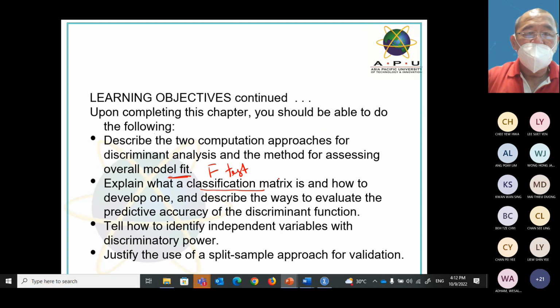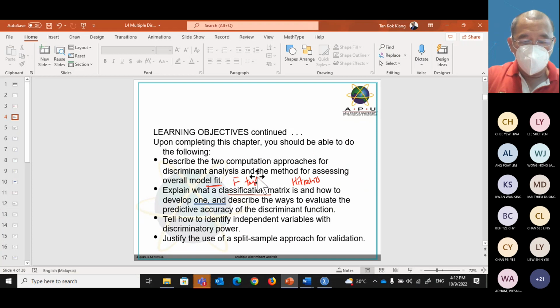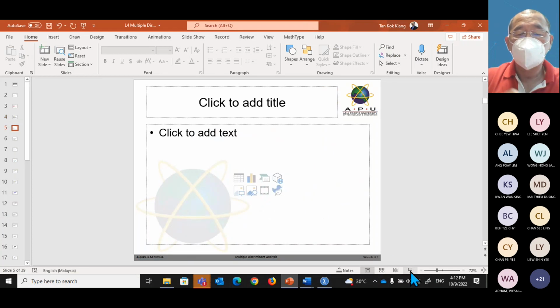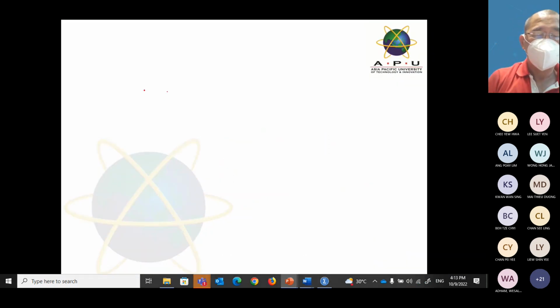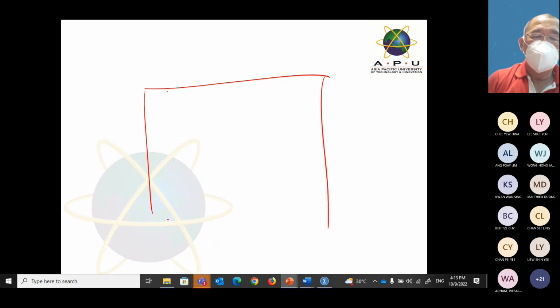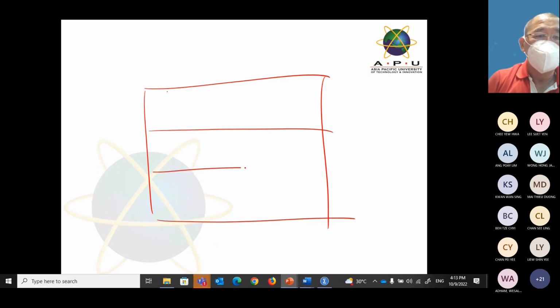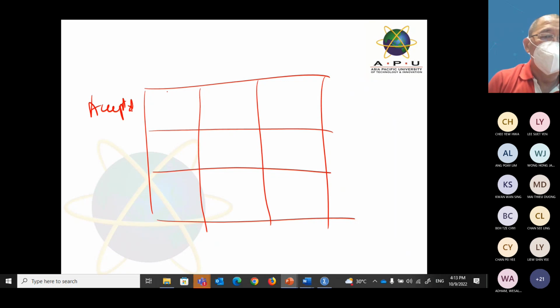Here we are going to see the classification matrix. We call it a hit ratio. We can discuss a bit now, because we are going to see the diagram. Let's follow the example just now: accepted, KIV, and rejected.